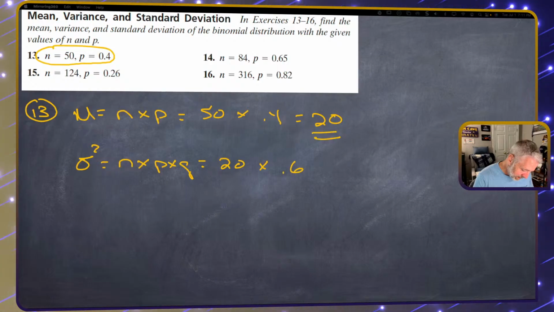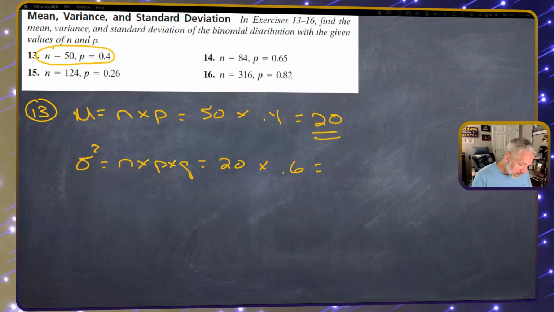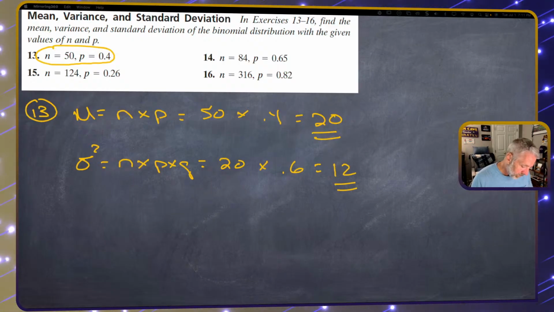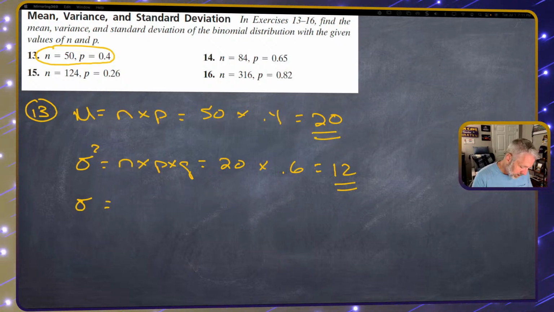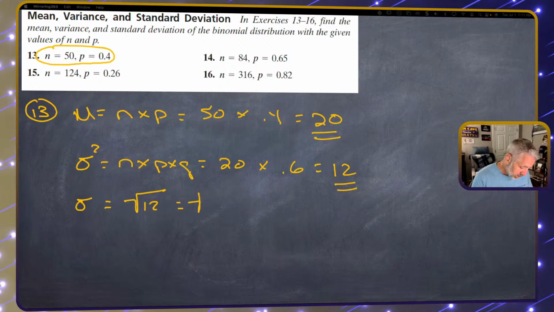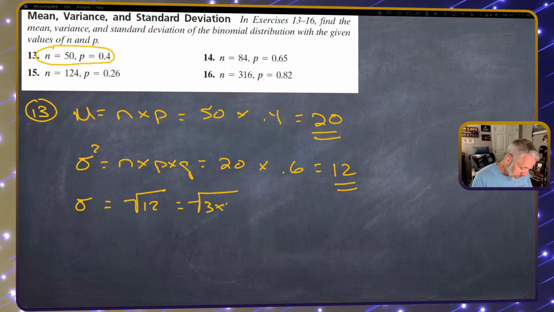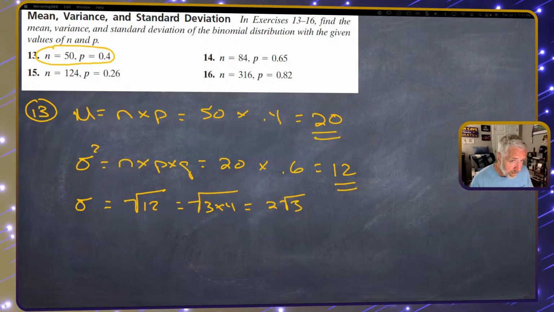Times 0.6. And then I can just go to my calculator. So easy. 12. And then if I want to find the standard deviation, it's just the square root of 12, which is the square root of 3 times 4, which is 2 times the square root of 3 if you want to be mathematically correct.